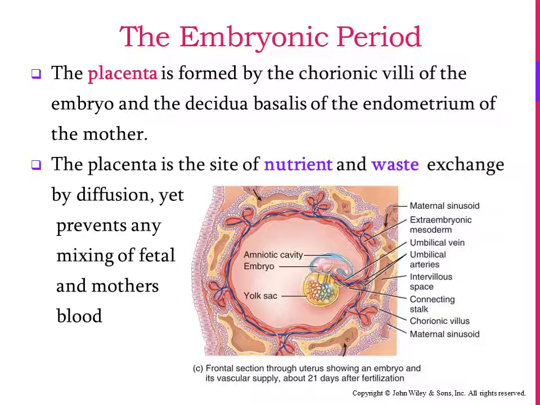The placenta has several roles. Number one, it is a site of nutrient and waste exchange across it by diffusion. But note that in a healthy pregnancy, the placenta does not allow mixing of blood, but substances from the blood of the fetus can be exchanged with those from the blood of the mother selectively.